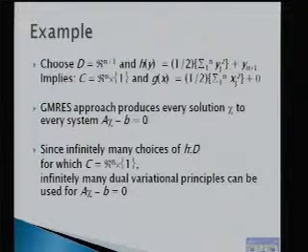I don't know if they knew that, the people who work with GMRES, but whether they do or not, I guess I'll eventually find out. They may tell me, oh, this is not new. But since there are infinitely many choices of h_d for which that relation is true, there are infinitely many dual variational principles that can be used to solve that system and get all solutions.